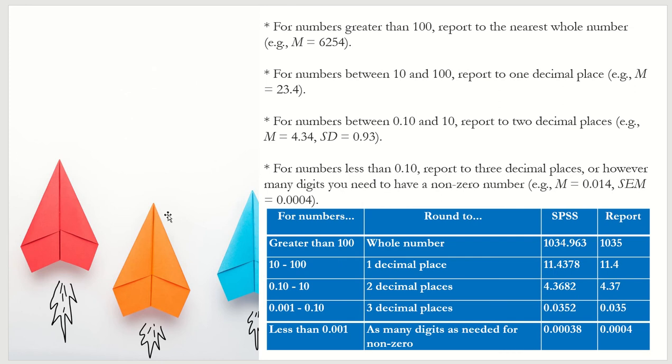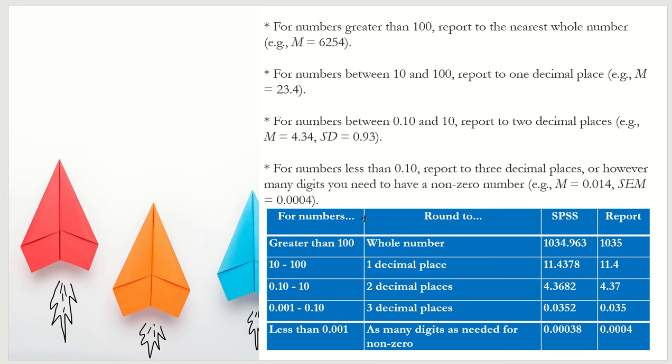So when you are reporting numbers, sometimes it's necessary to know how many decimal points you should round to, or how you should write them. For numbers greater than 100, you should report to the nearest whole number. So here's an example of reporting the mean. If you have over 100 people, you just write 6,254.